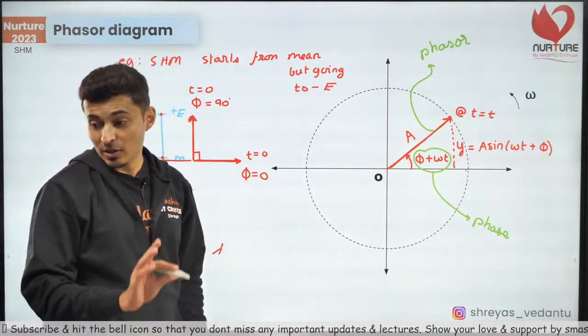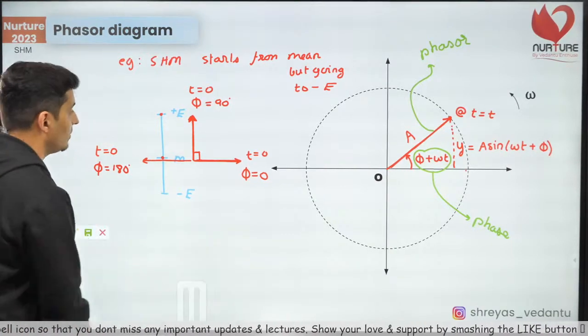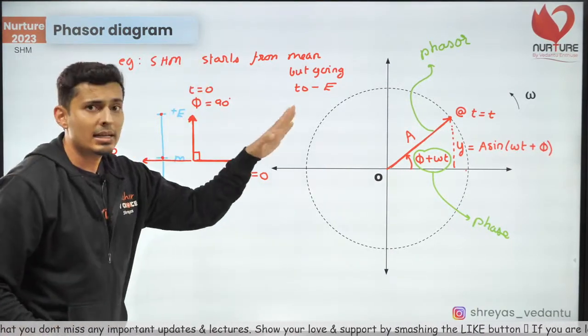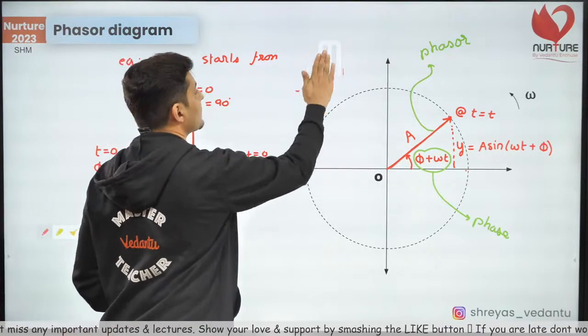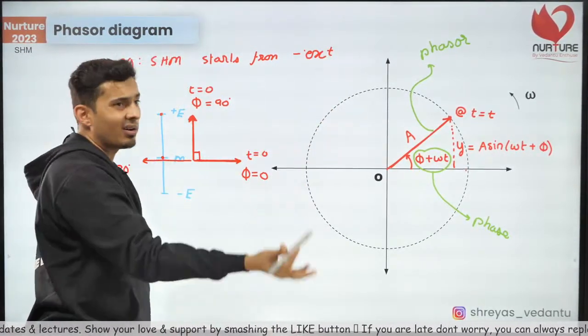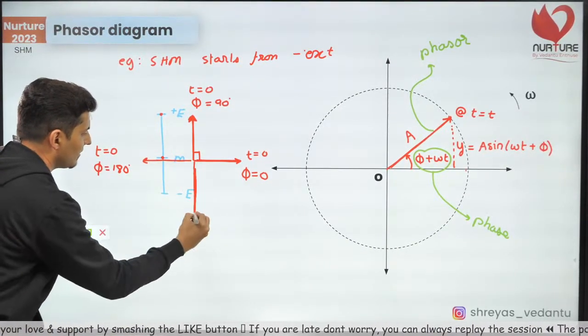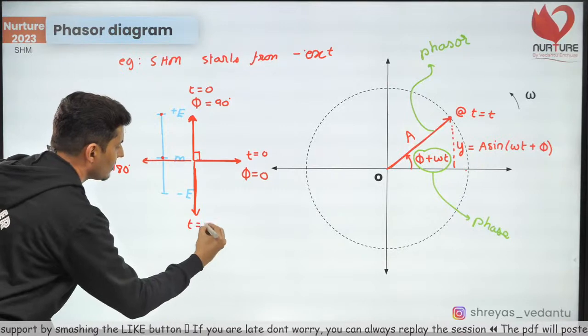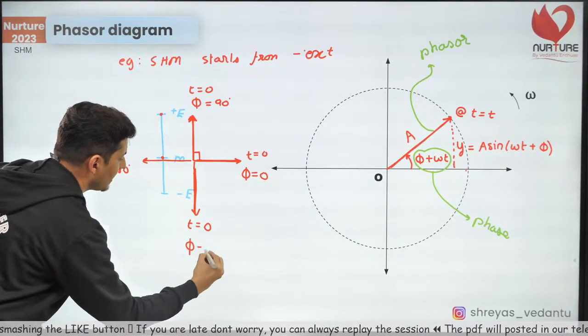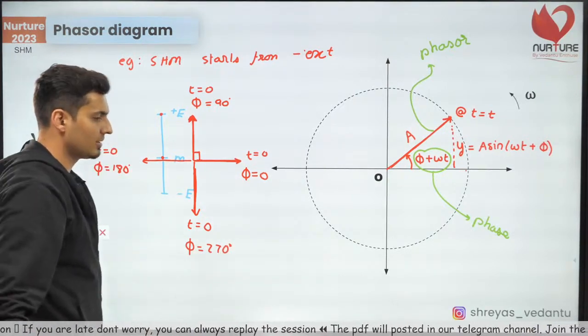Exactly. It's not minus 270, be careful, it's 180 degrees. And if I tell you it starts from the negative extreme or the down extreme, then my phasor would be here. This will be at t is equal to 0, and the phase angle, the entire angle will be 270 degrees.